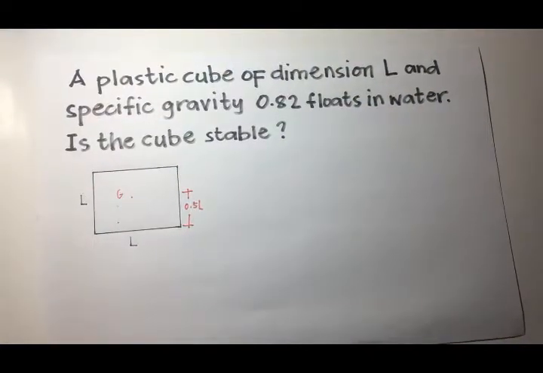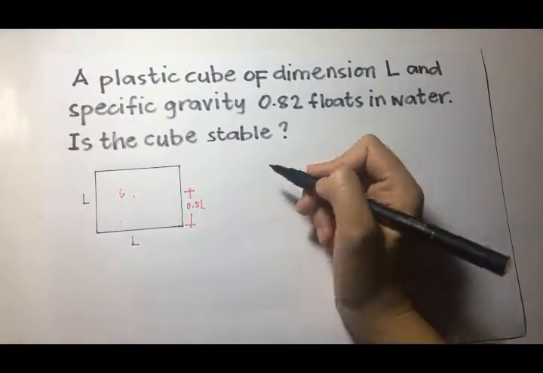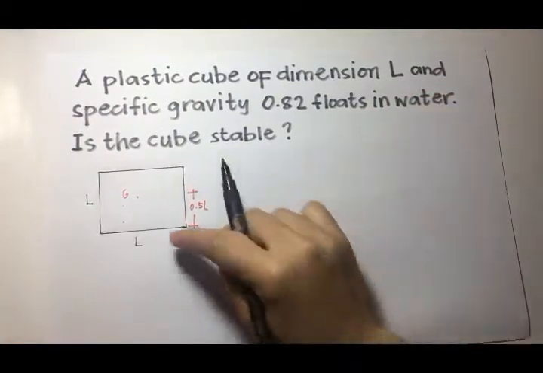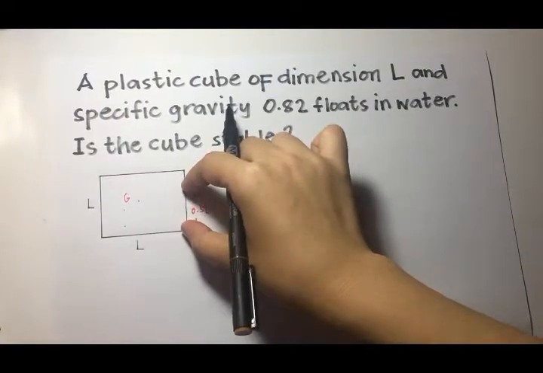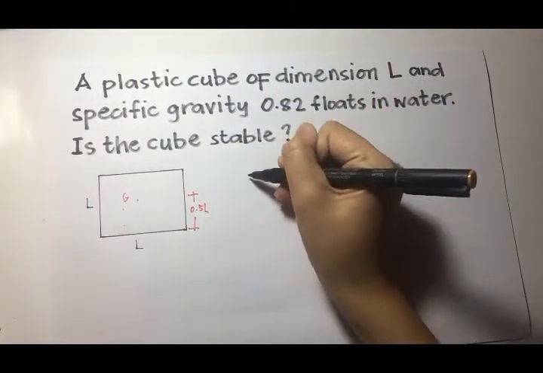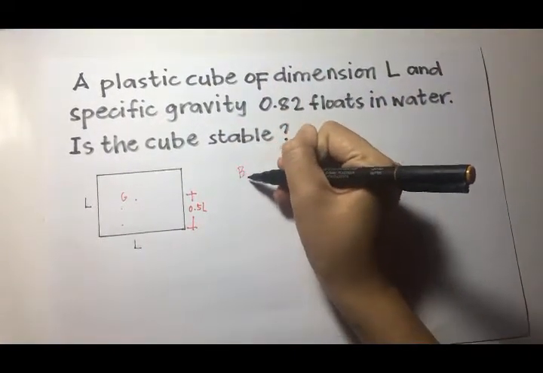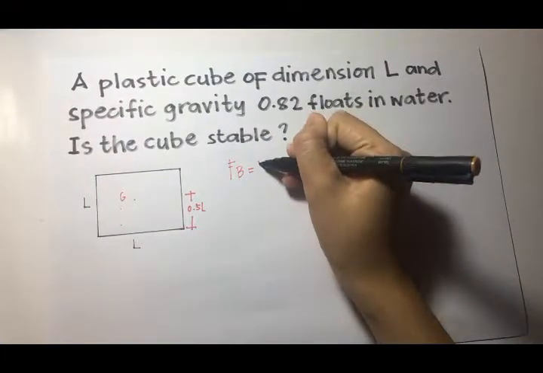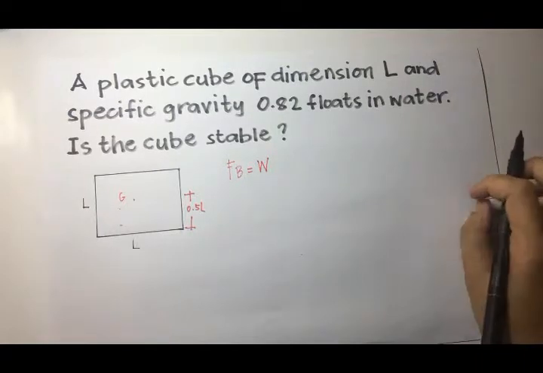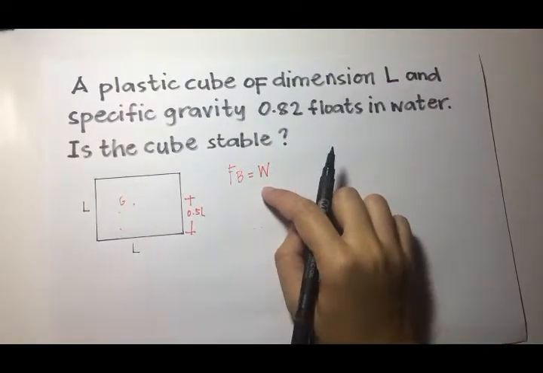Then next, let's solve for the distance of the submerged part. We will solve that through the buoyancy formula, where the buoyant force is equal to the weight of the object.